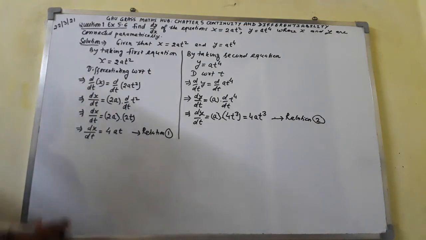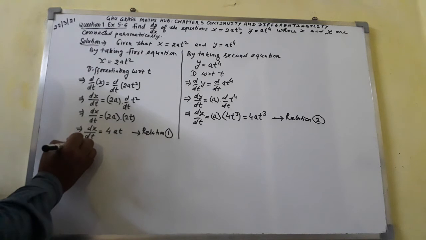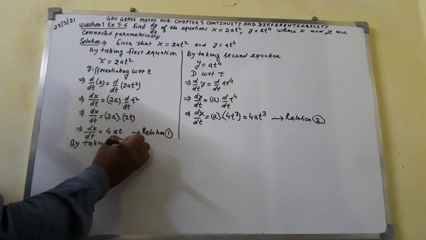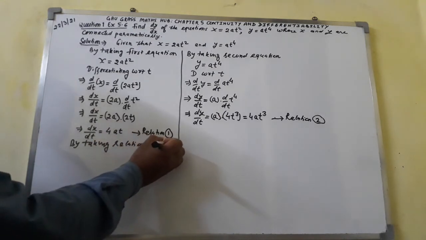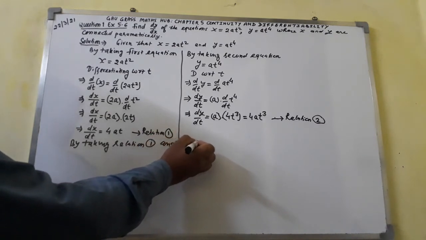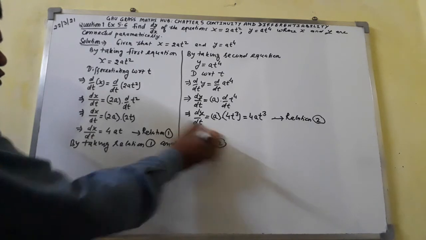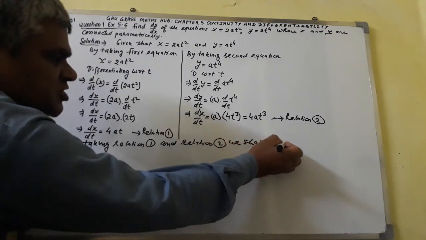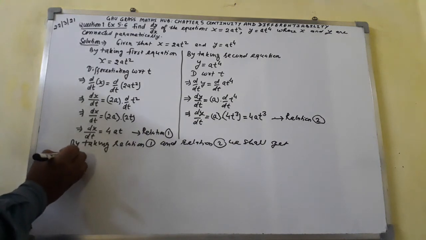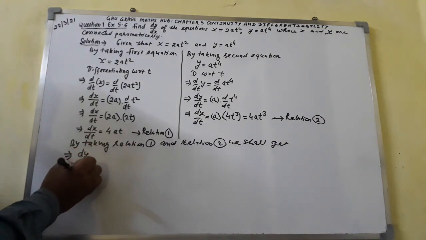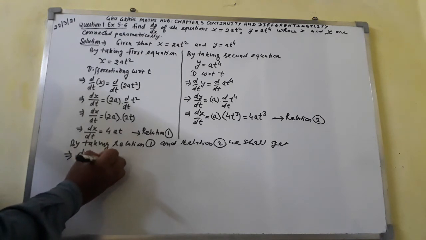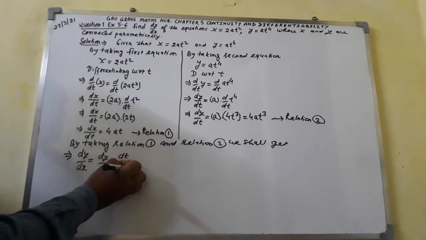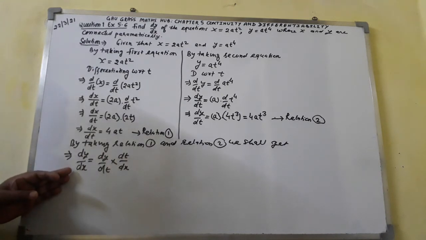Now again I shall write, by taking relation number 1 and relation number 2, we shall get dy over dx comes out to be dy over dt into dt over dx. Here I have applied the chain rule.